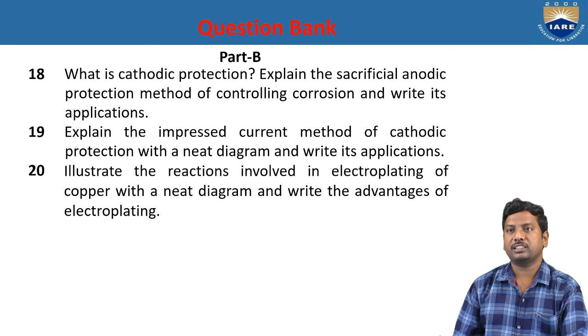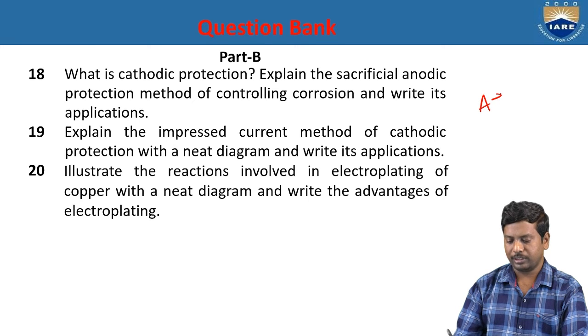Illustrate the reactions involved in the electroplating of copper with a neat diagram and write the advantages of electroplating. So electroplating is nothing but the coating of a surface metal on the base metal in the presence of electricity. So in electroplating, always at anode what happens? Oxidation takes place.